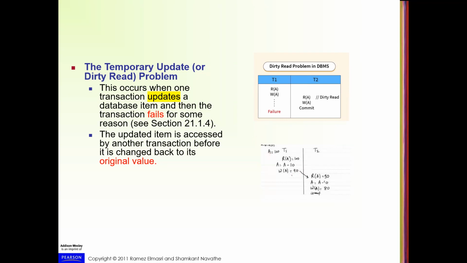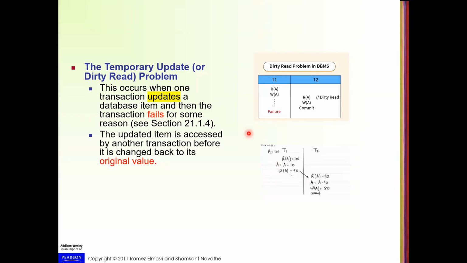So this occurs when one transaction updates a database item and then the transaction fails for some reason. We will see what the reasons are later on. The updated item is accessed by another transaction before it is changed back to its original value. So T1 changed A to 90, then it failed, so the value of A will be 100, but T2 is reading it as 90 because T2 read the value of A before T1 committed and T1 failed.